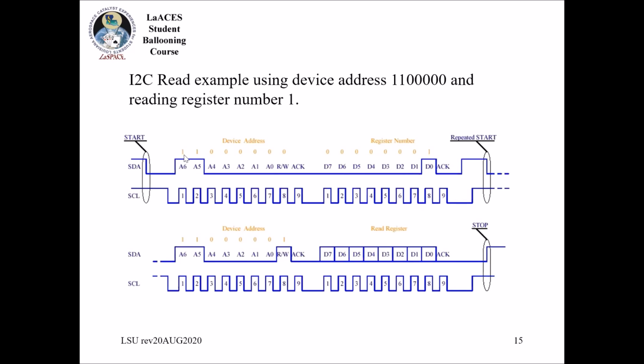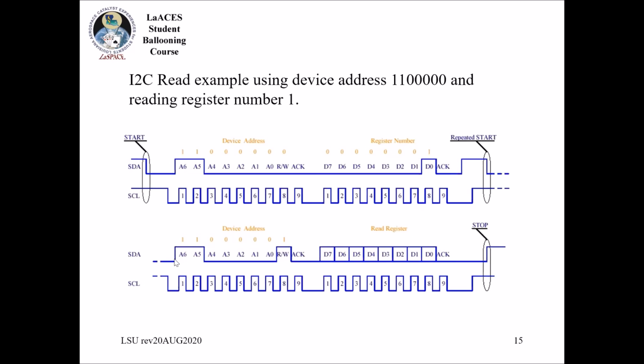Regardless, we can see the data bytes are 1, 1, and then all zeros right here. And then for this instance, there's a read, so that's a low on the end, and then we're going to get the acknowledge, and then we're going to read from register number 1. So now we're going to transmit register 1, and then it's going to acknowledge it.